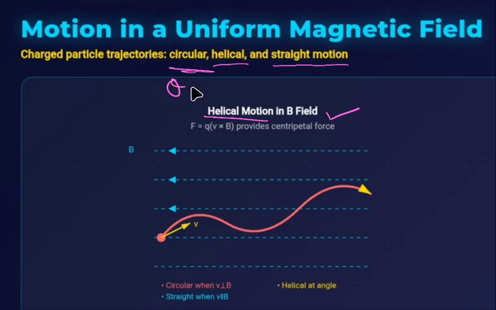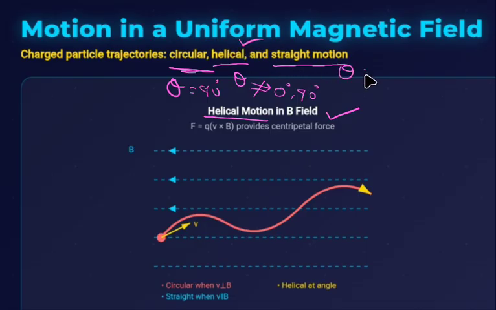It is circular when theta is equal to 90 degrees. Helical is for theta other than 0 and 90 degrees. When we throw a charge at any angle other than these two, it will take a helical path.